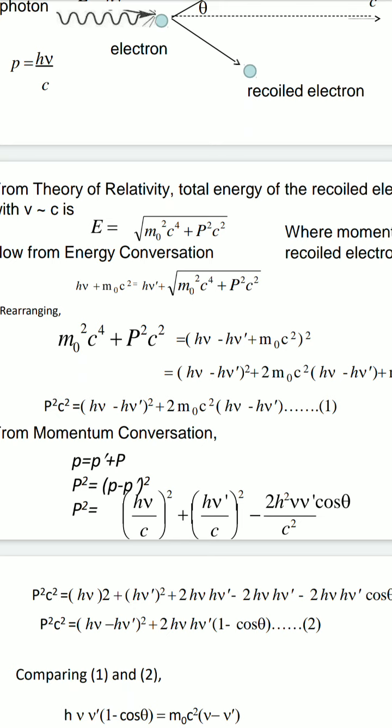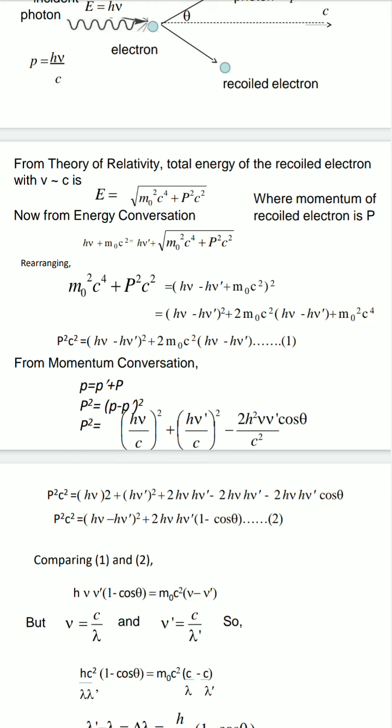Now m0 square c raised to 4 is cancelled from the left-hand side and right-hand side, and the remaining part will be p square c squared on the left-hand side, which is equal to h nu minus h nu dash whole square plus 2 m0 c square into h nu minus h nu dash. Now we have the first equation from energy conservation.